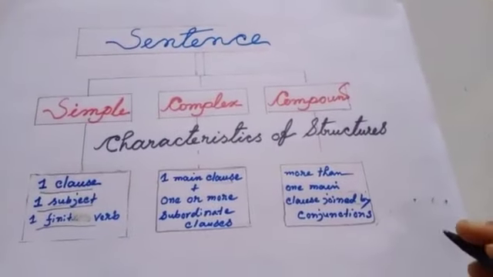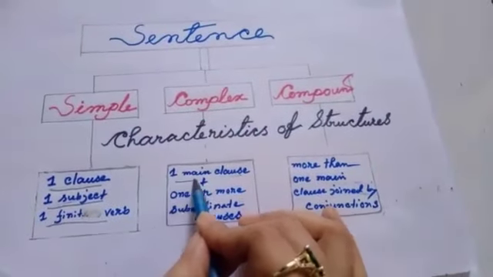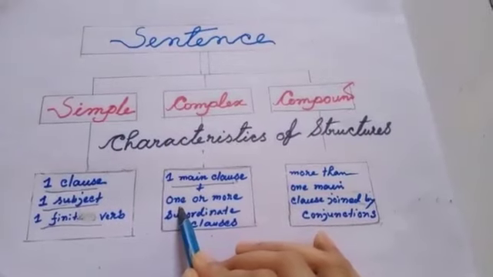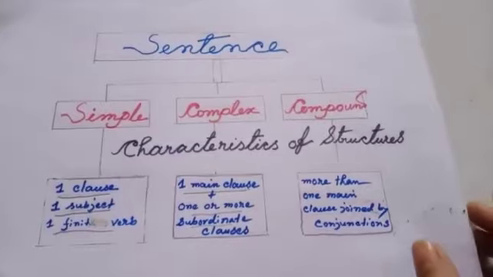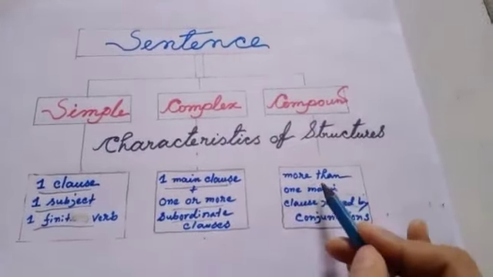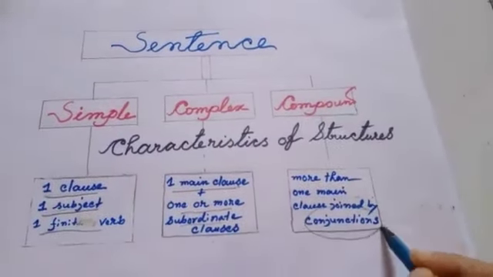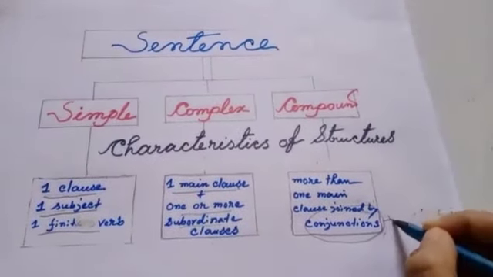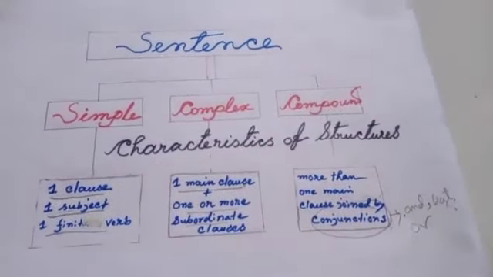On the other hand, in complex sentence, we will get one main clause, at the same time one or more subordinate clauses. What about compound sentence? Here we will get more than one main clause, and that will be joined by conjunctions. Remember, that will be joined by conjunctions. What are these? It can be and, but, or whatever it is.